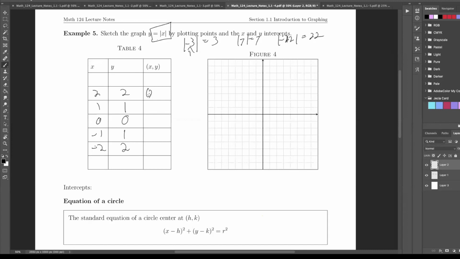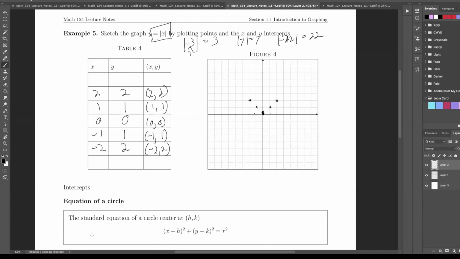That gives us the points 2, 2, 1, 1, 0, 0, negative 1, 1, and then negative 2, 2. If we plug in those points, we'll have this point right here, 0, 0. We'll have 1 and 1, 2 and 2, negative 1 and 1, and then negative 2 and 2. So this is this point, and this is this point, in case you're wondering.